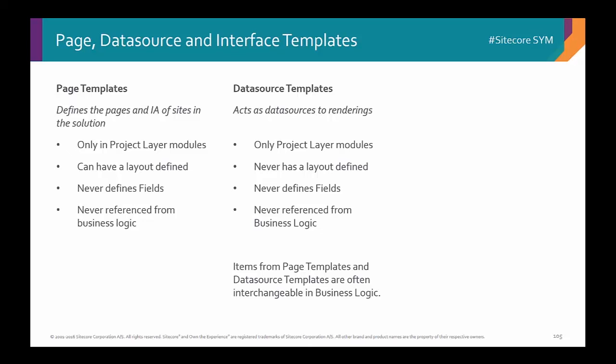In one case, you would have a data source template, which doesn't have a layout, and the other would have a page template, which has a layout, because in the one where you only show the list, you don't need a layout. So those 2 templates are kind of interchangeable. It's one of the cool things about the architecture, I think, but I'll get back to that as well.